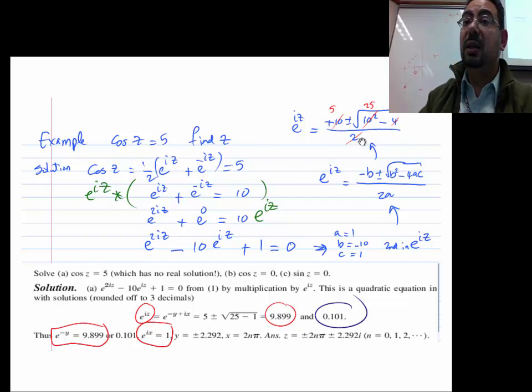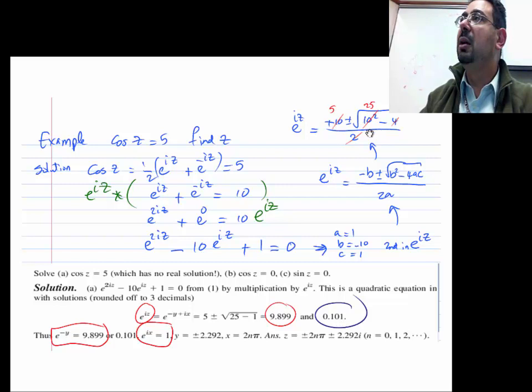So this is a number, and it becomes basically 9.899 or 0.101, depending on whether it's 5 plus or 5 minus. What are those two numbers? Those are e to the power iz. e to the power iz, that was the unknown here, is equal to this or that. Alright?